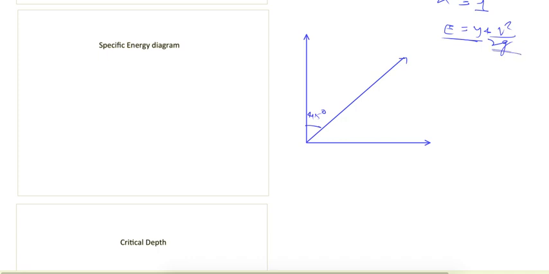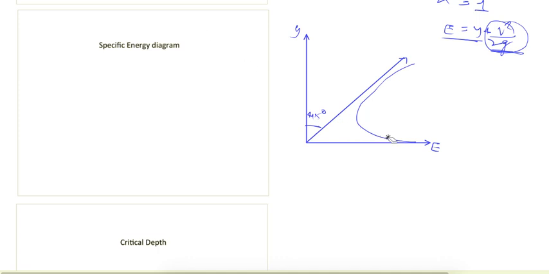As we are adding velocity head to this, the curve will always be on the right side of this line. So when we plot it, it comes out to be like this.